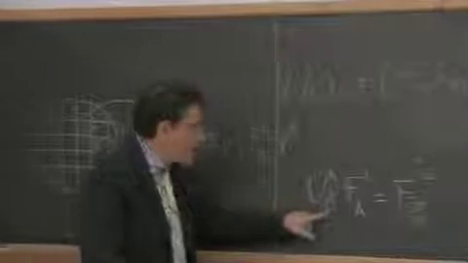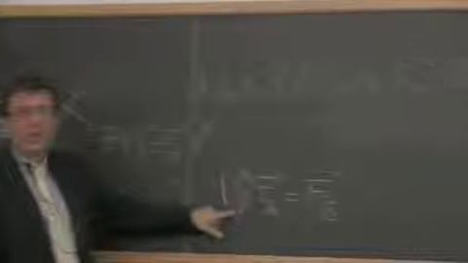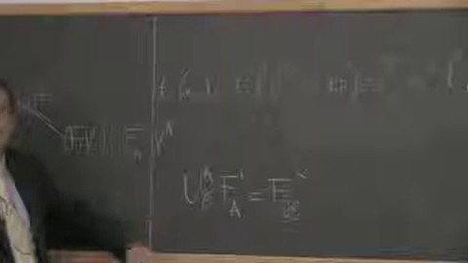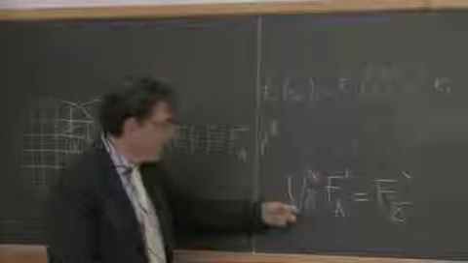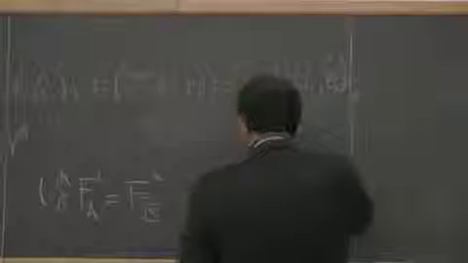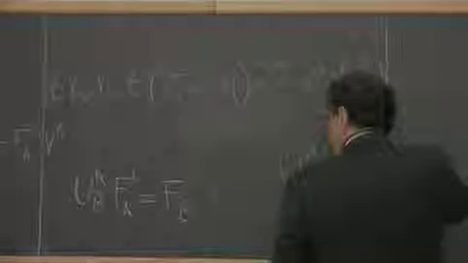Because we are changing the Lagrangian coordinates, and this is inducing a change of the deformation gradient. This object you can call D.